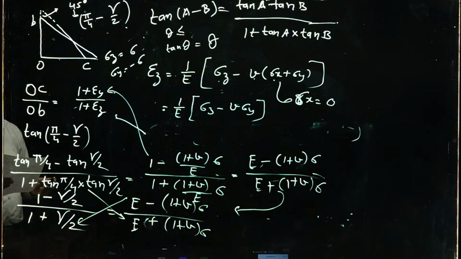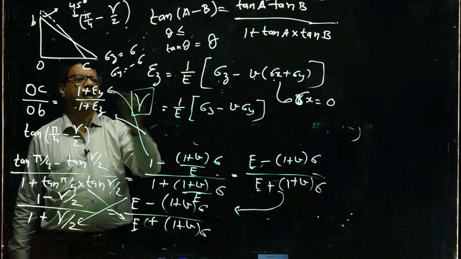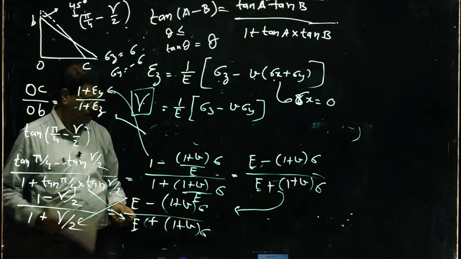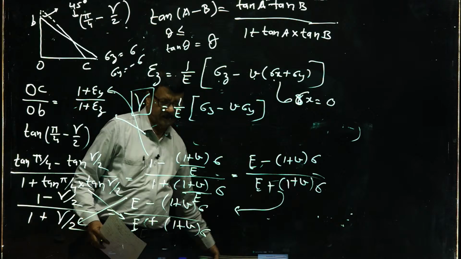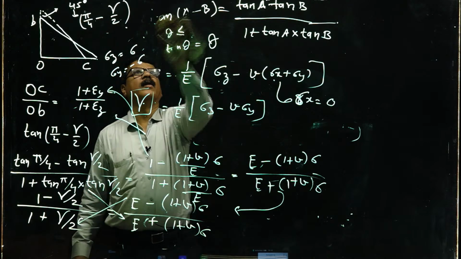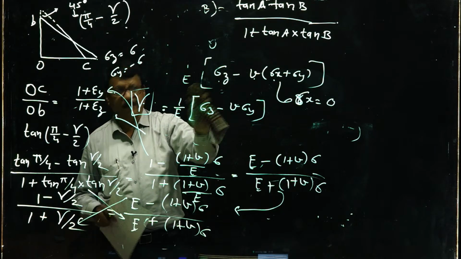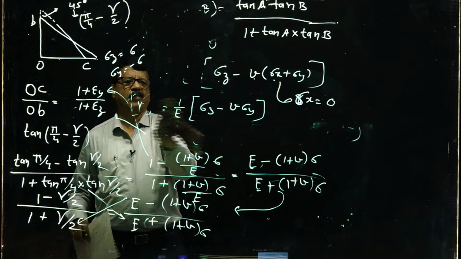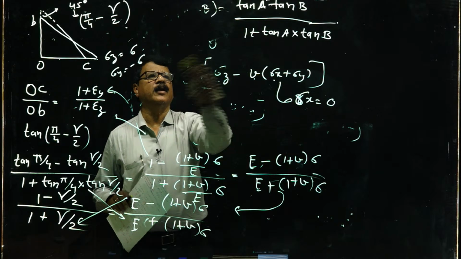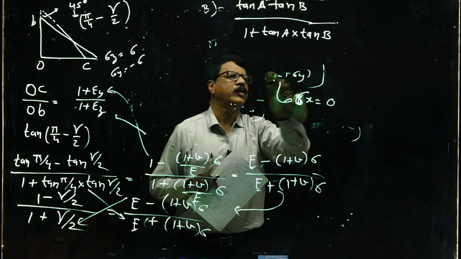What do you call this, alpha beta gamma? You solve this equation. This is nothing to do with the M.Tech. This is a simple equation. Anybody can solve it. The 11th class boy also can solve this equation.